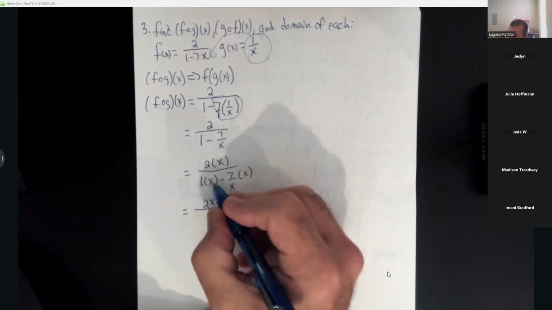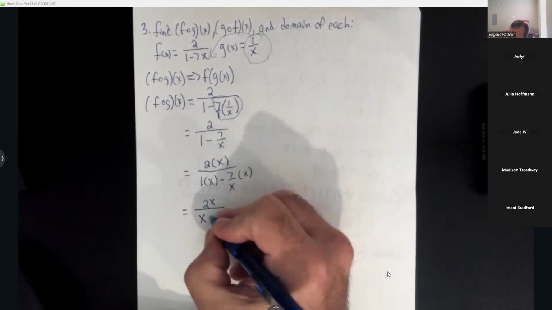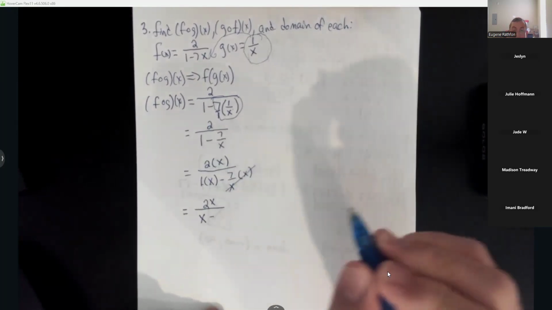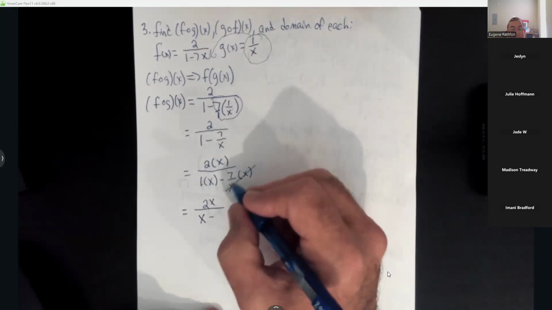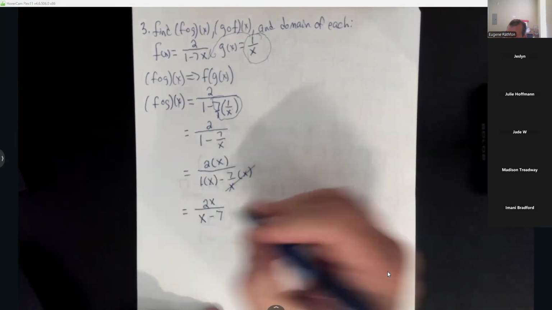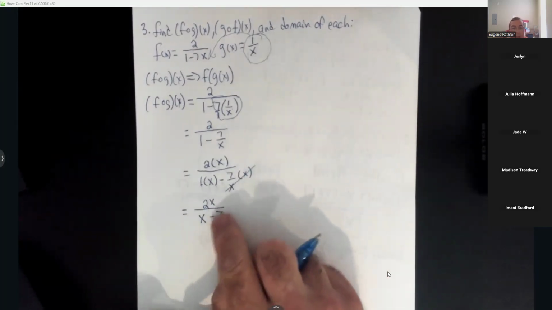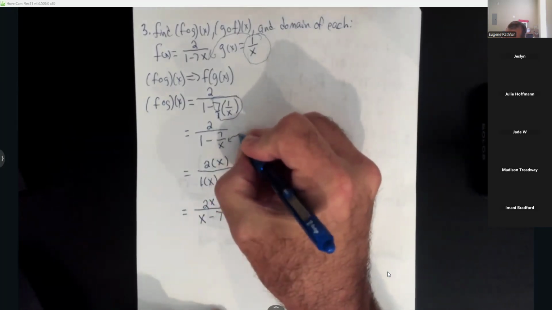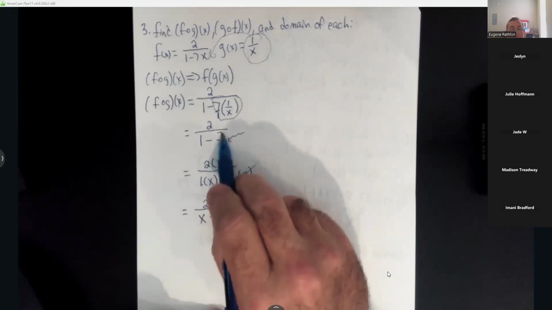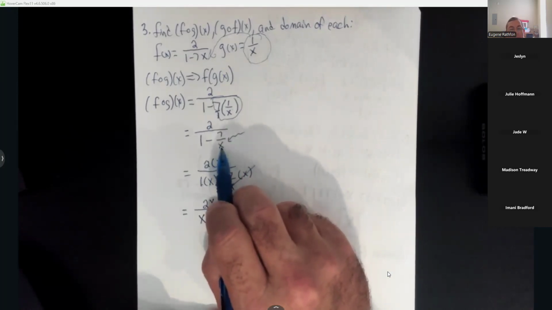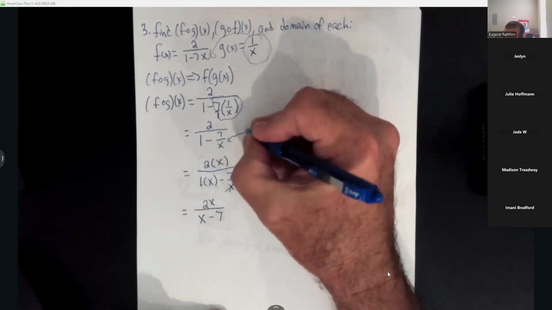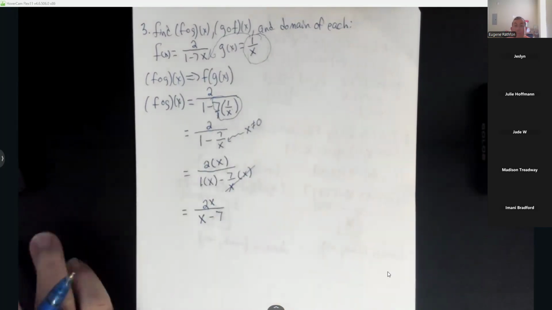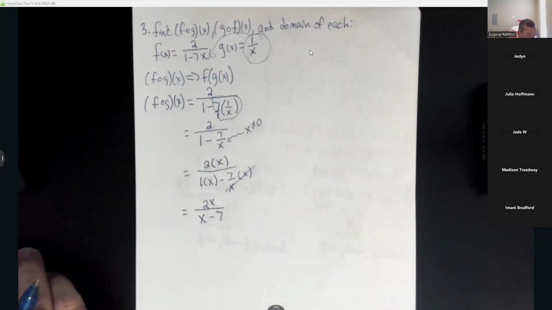On bottom, 1 times x is x minus, and y'all here, the reason I multiplied by x was so I could do that right there. Cancel them x's out. All that's left is the 7. So in a second, when we look at the domain, at this point, since this x is in the denominator, this x at the moment cannot equal 0. So we'll exclude 0 from the domain in a second.